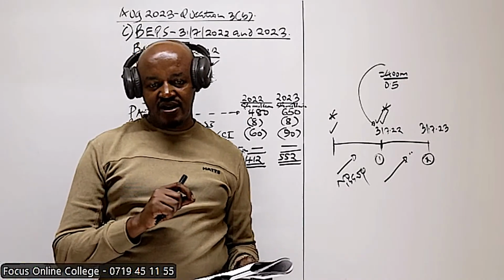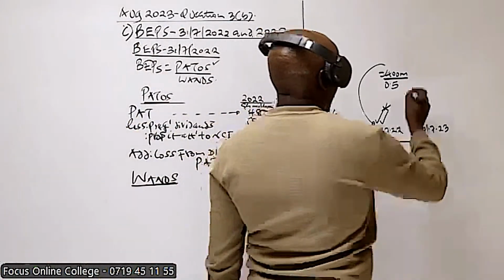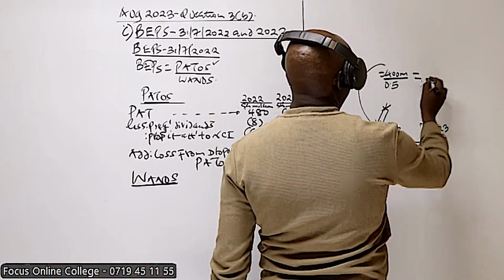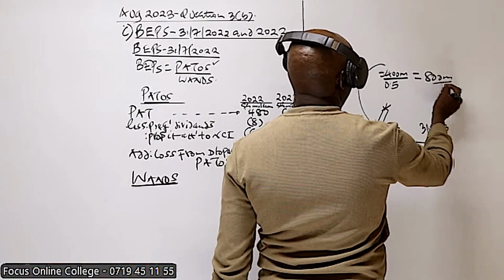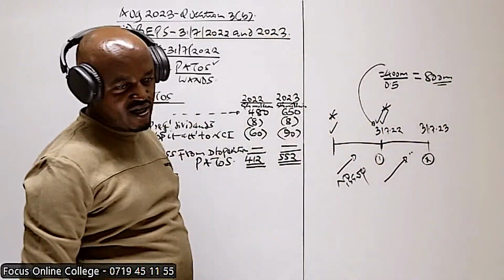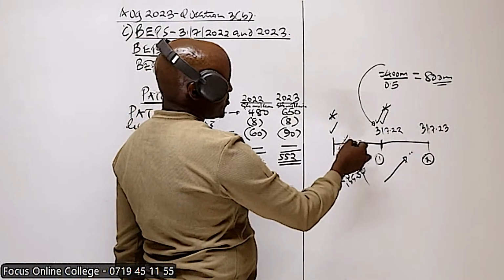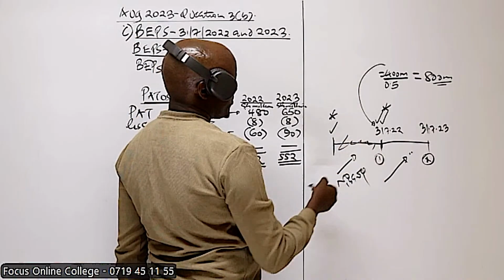Are we together? Yes. So here the shares which were issued at the end of the year were 800 million. And take into account that during this year there were no other shares issued.